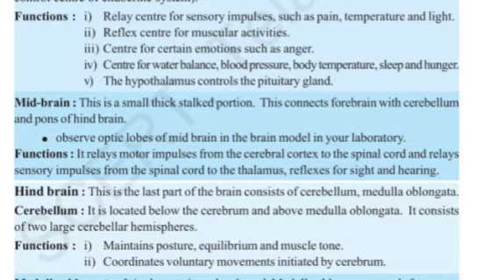So we can check it here. It is a relay center for sensory impulses such as pain, temperature, and light, a reflex center for muscular activities, and a center for emotions such as anger.